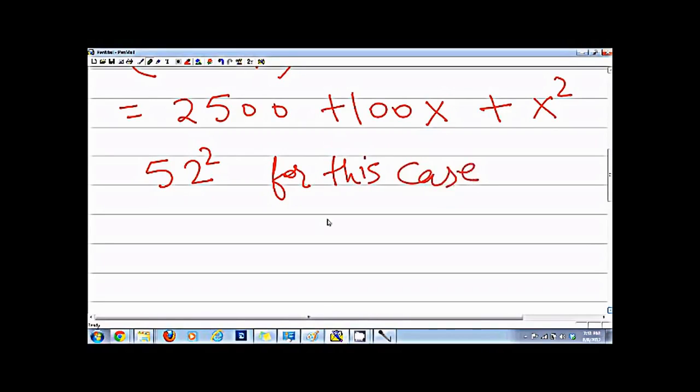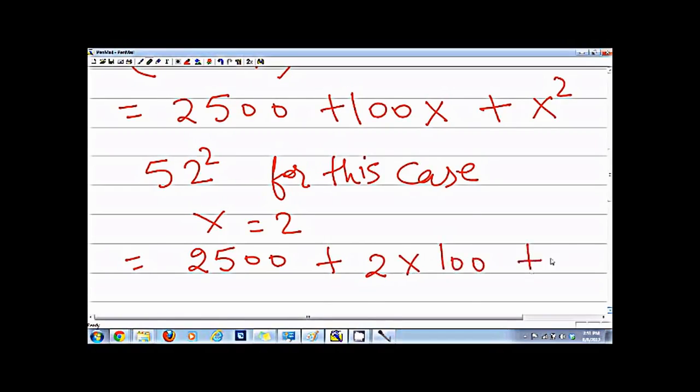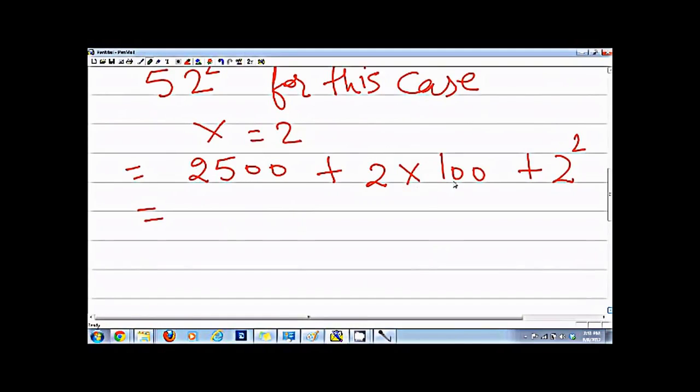x is equal to 2, and if x is equal to 2, then you can go back to the equation and say 2500 plus 2 times 100 plus 2 squared. You can see because the 2 is at the hundreds place, this 2 will be added to 5, and then this 2 squared is at the ones place, so it will come up in the last digit.